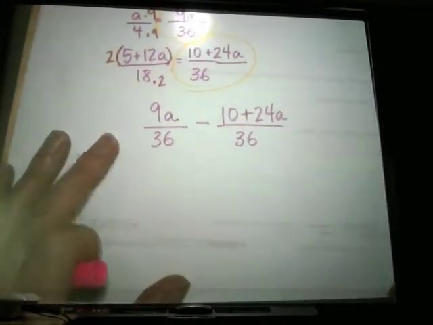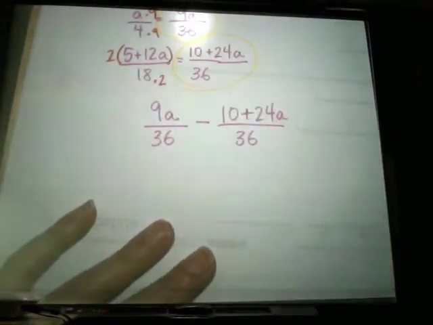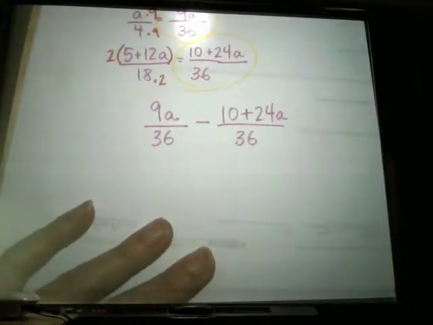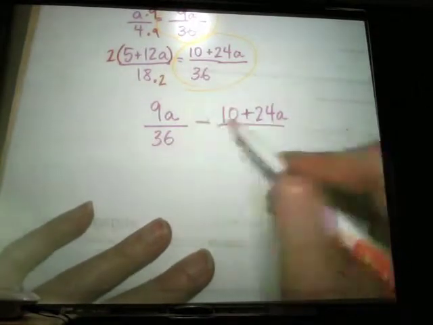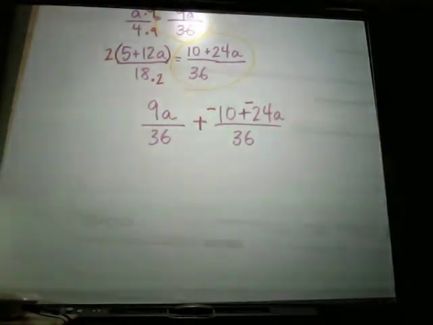Because it's subtraction, and because it's subtracting a binomial, we want to make sure we subtract the entire second binomial, the entire second numerator. So let's go ahead and add the opposite. I'll change subtraction to addition, and I will flip all my signs.